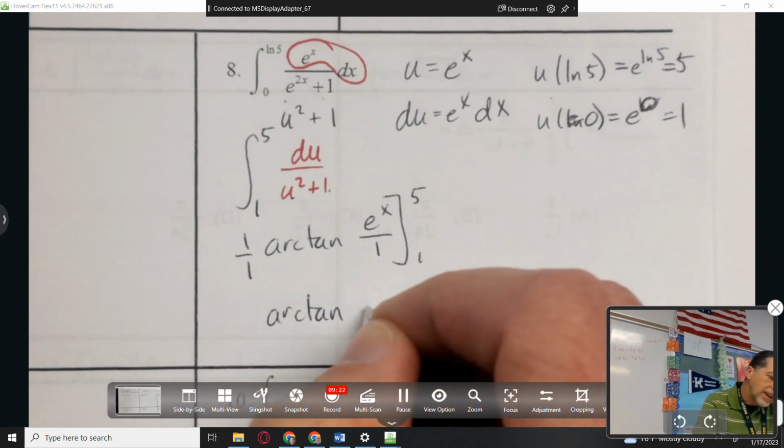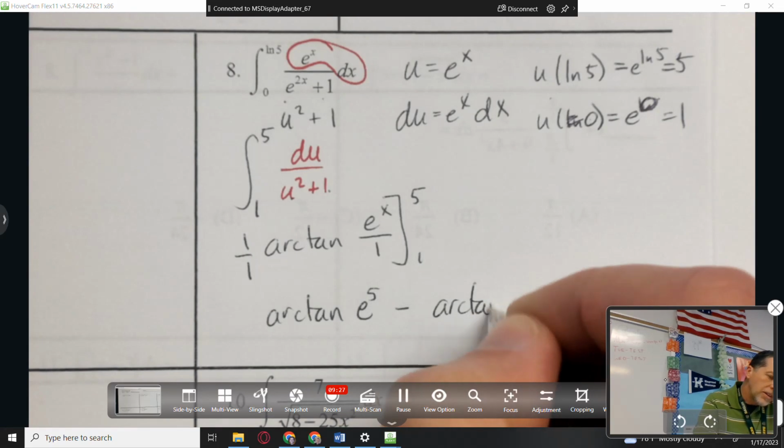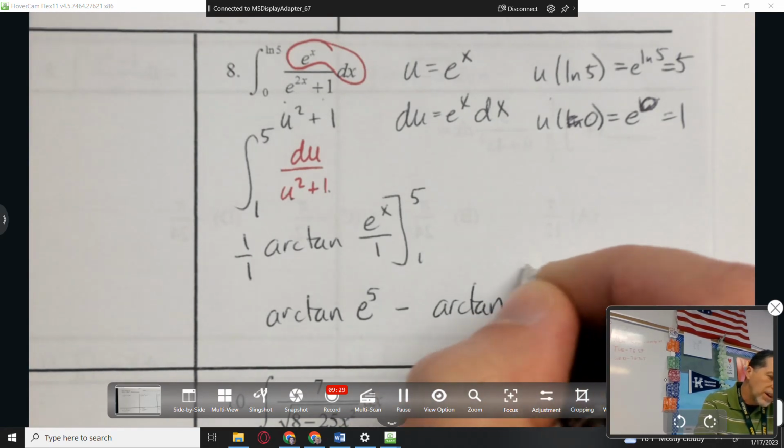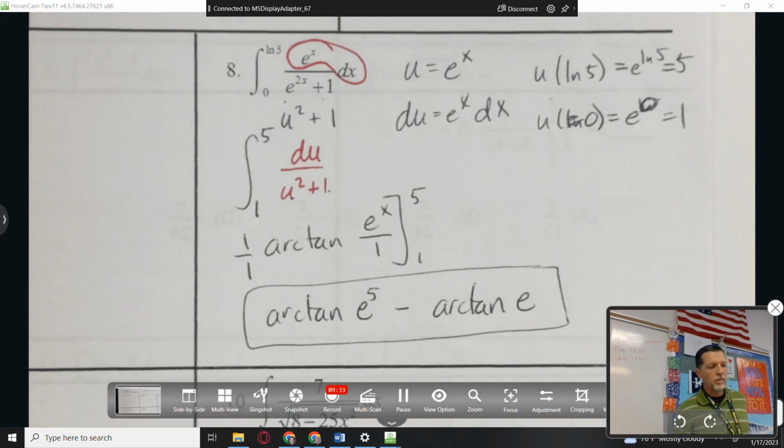So arctan e to the 5th minus arctan e to the 1. And there is nothing further I can do with that. I don't know what that is. That is a safe stop, because we don't got calculators.